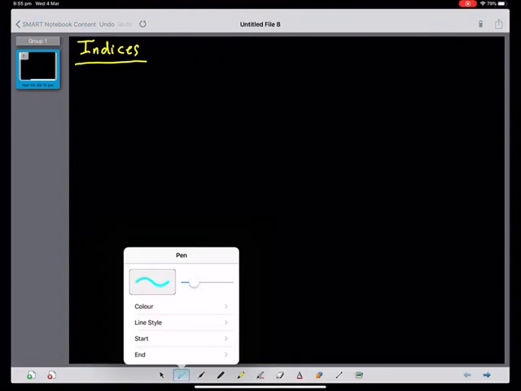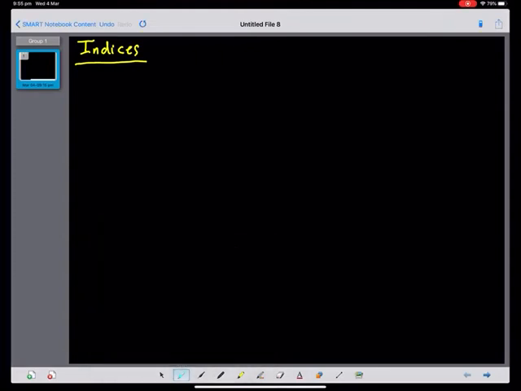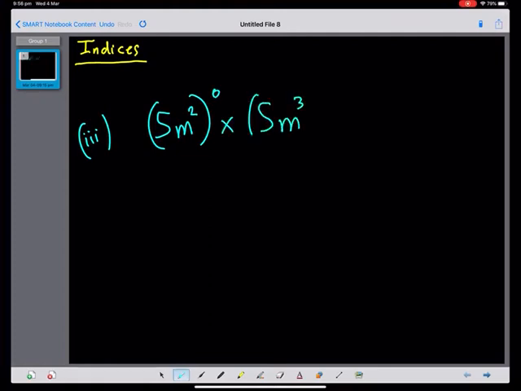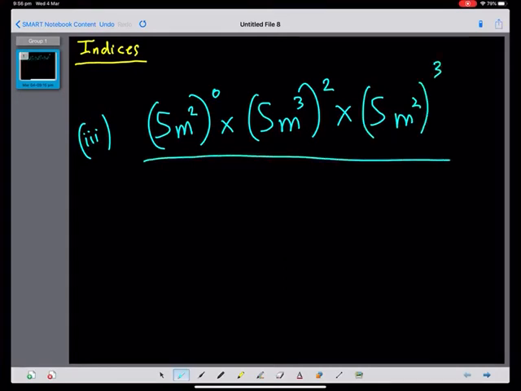Okay, so let's look at (5m squared) all to the 0 times (5m cubed) squared times (5m squared) cubed, all over (5m squared) squared. Okay, so let's deal with the numerator first.